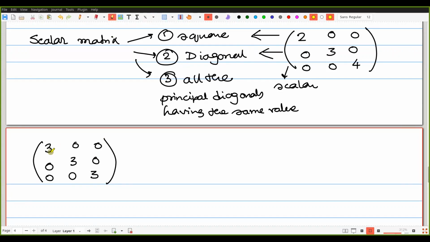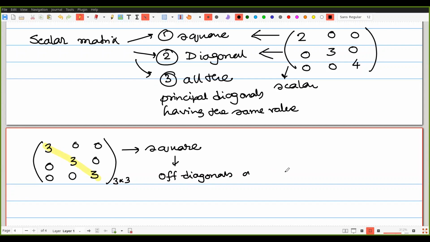Number 1, it is 3 cross 3, m is equal to n, so it is a square matrix. Then the second condition: the off diagonals are 0.